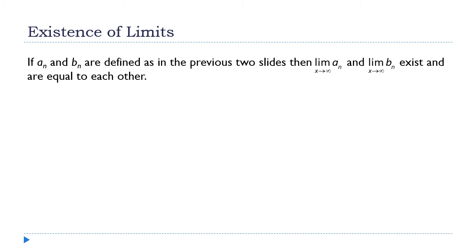All right, now I can show that these limits exist, and since we're at it, that they're equal to each other. Okay, so I'm going to start with this a sub n and b sub n. They're the same sequences that we had on the previous two slides.